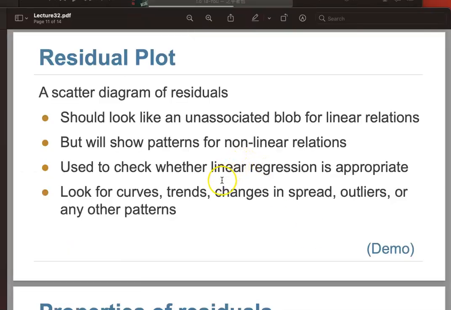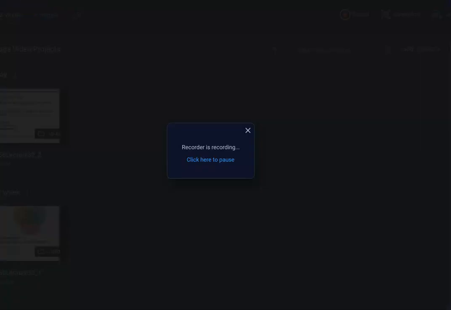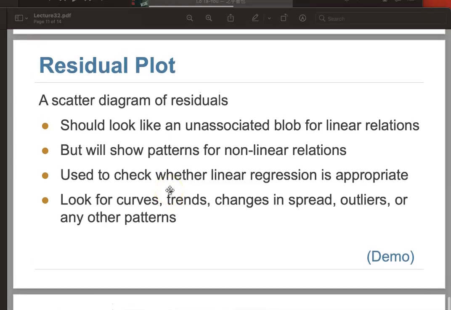What does that mean? Okay, so that's the summary for now. Why do we need a residual plot? The residual plot is the scatter diagram of the residuals. We make dots for all the residuals, where each residual is the observed y minus your estimated y.